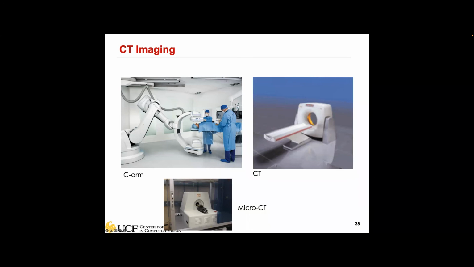On the right, this is the type of CT scanner you mostly see. You lie on this table or slider, and it slowly moves the human body into the scanner to make a lot of scans of your body. And we also have micro CT.